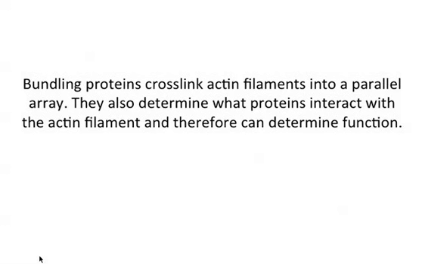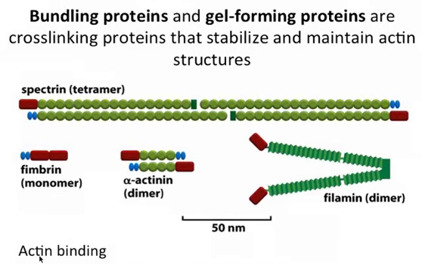And then your web, you already have a certain amount of this going on from ARP and how it nucleates actin. But then you're also going to have these proteins that are going to look like that. If you go back and look, your bundling proteins are going to be these proteins that have actin binding sites on either end, and it's just straight in the middle. And then your gel-forming or web-forming proteins are going to look more like this.